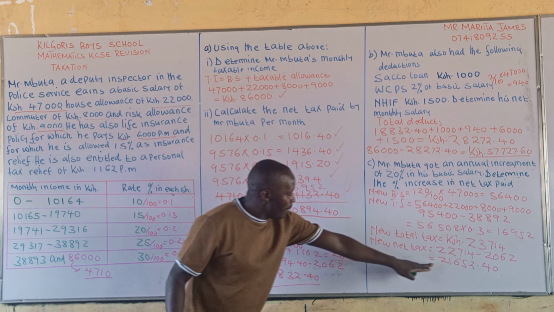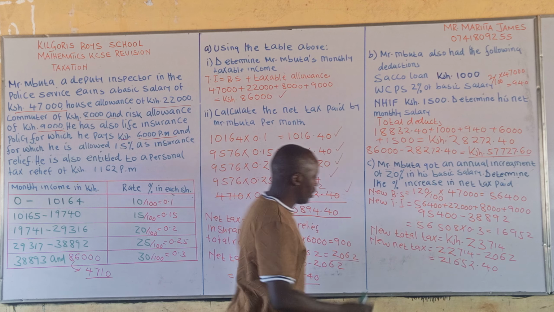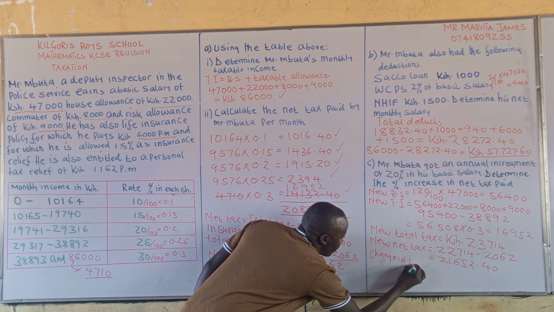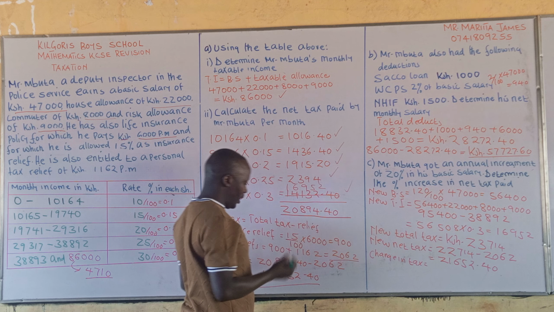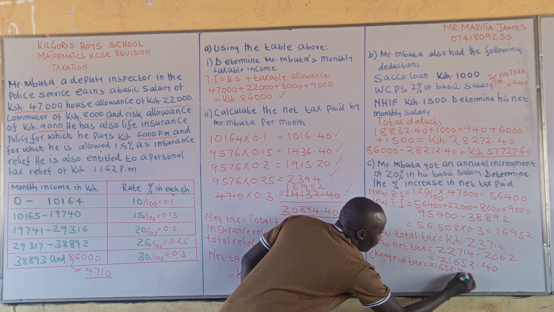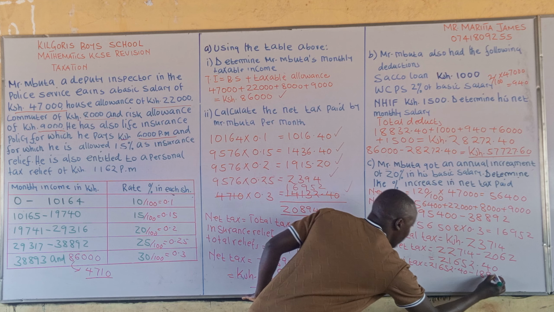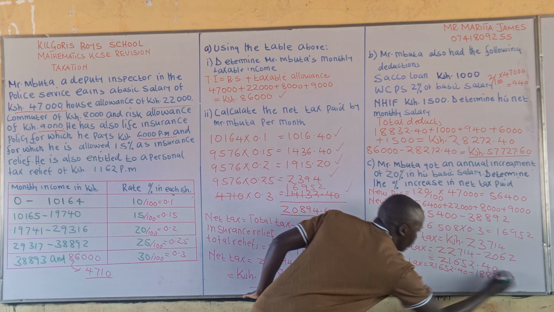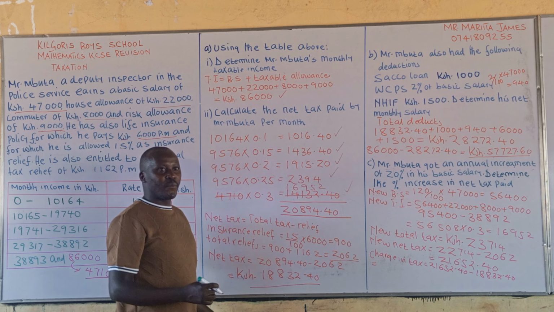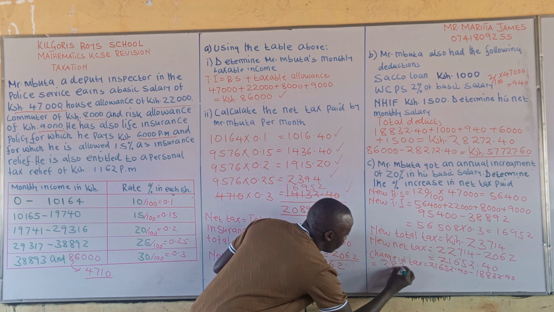Our new tax now is 21,652.40. So the change in tax is the new tax minus the old: 21,652.40 minus 18,832.40. In that case, we get the value as 2,820.